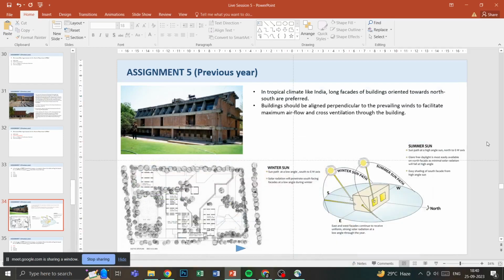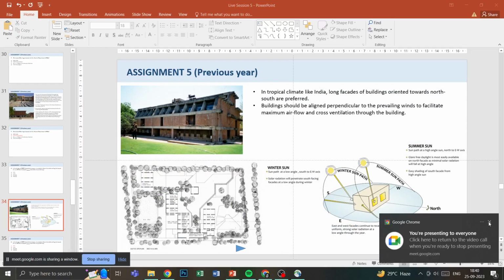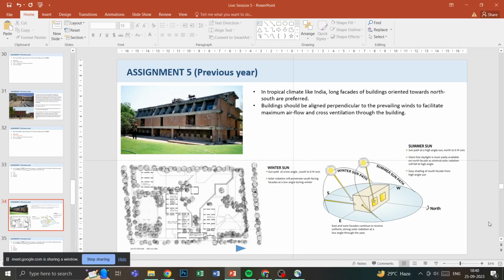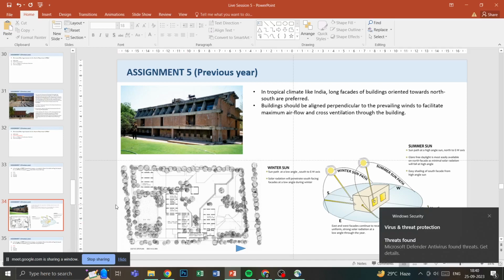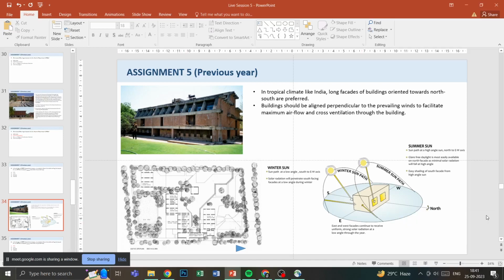In the plan given below, you can see that there's this block, and the blue arrow that I have marked is the north. So you can see these blocks, and you can see that they have been partitioned with walls in the direction parallel to the north south axis. So this is what is being called a parallel bay.